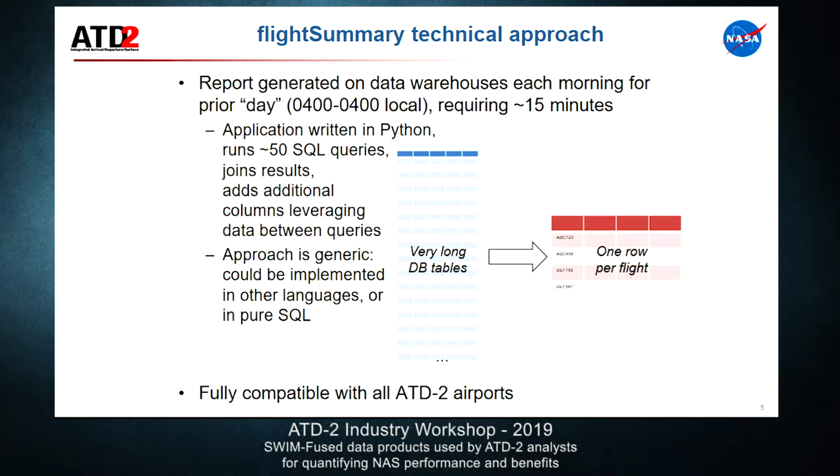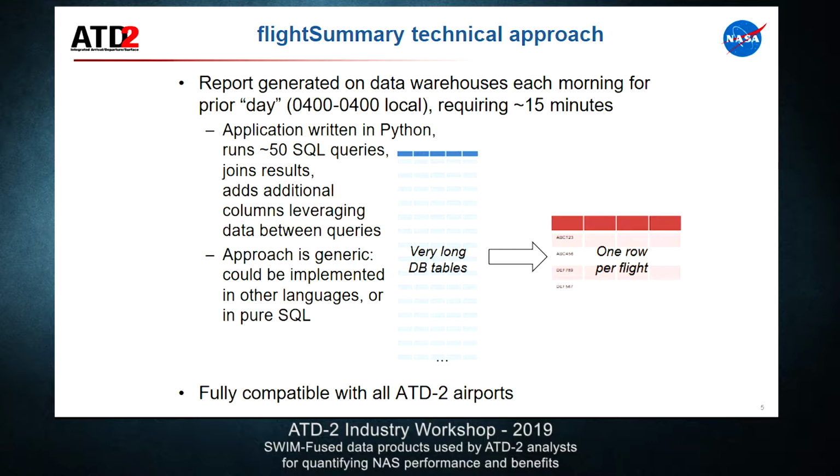From a technical point of view, very quickly, how we're doing this. We have these massive data warehouses, these big servers. They're actually located here in Dallas. Each morning we take the data from the operational systems at Charlotte and DFW.